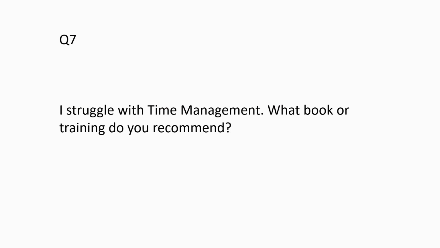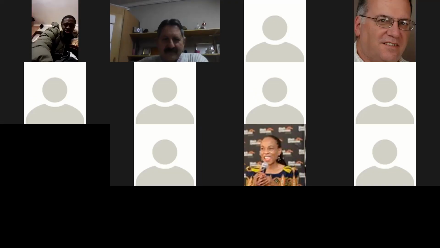Okay, the best time management I've ever come across is a concept called Getting Things Done. And Getting Things Done, I think the author's Tim Allen or John Allen, one of the two. But Getting Things Done is a process of when stuff comes in, immediately make a decision.